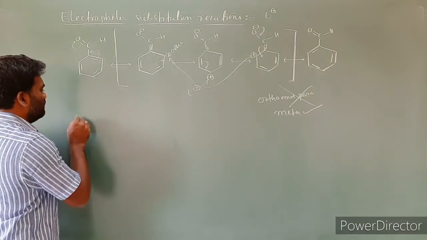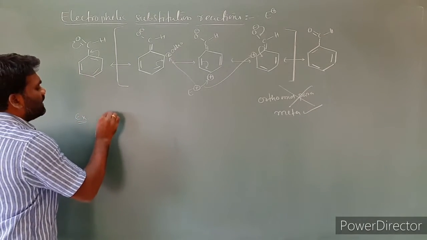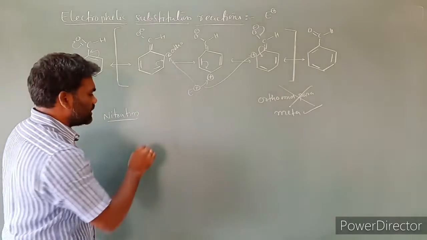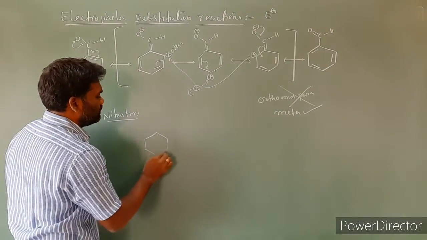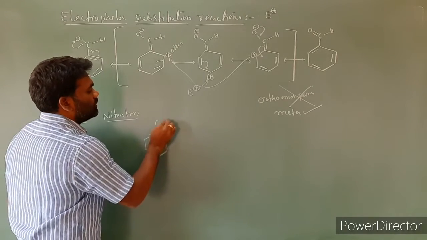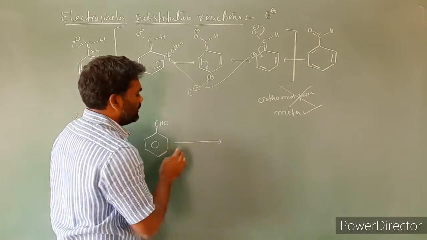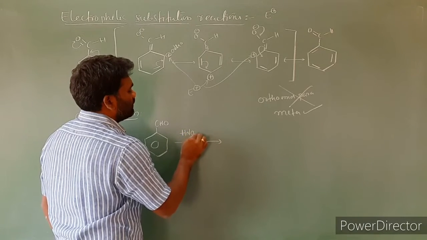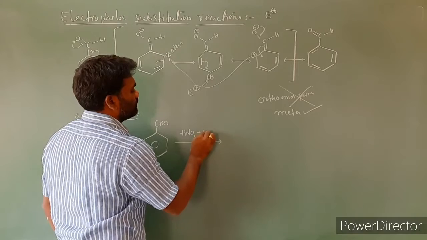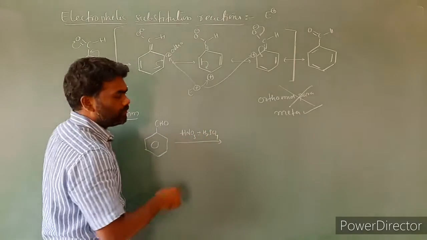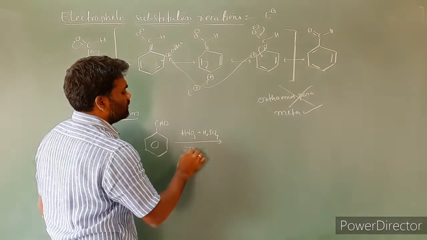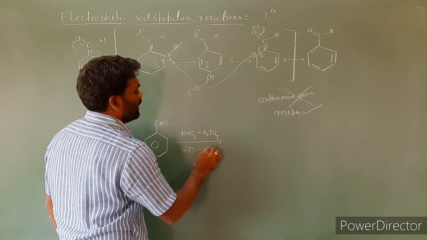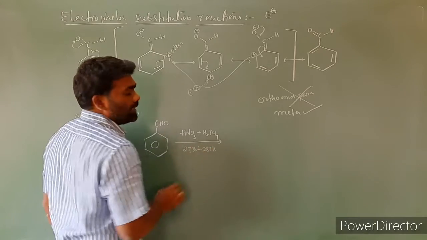Then let us take one example. I am taking nitration. In the nitration I am taking benzaldehyde, CHO. Benzaldehyde upon nitration, treating with concentrated nitric acid HNO3 and H2SO4 at 273 to 283 Kelvin temperature.